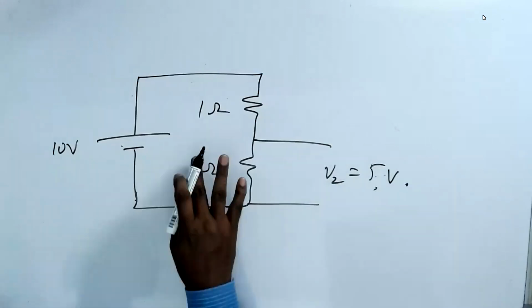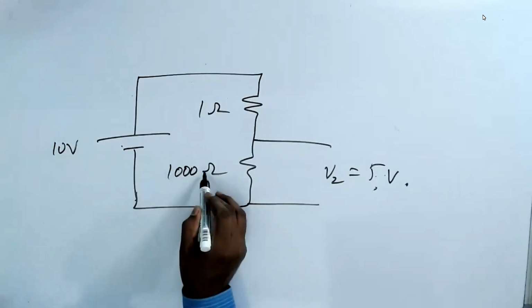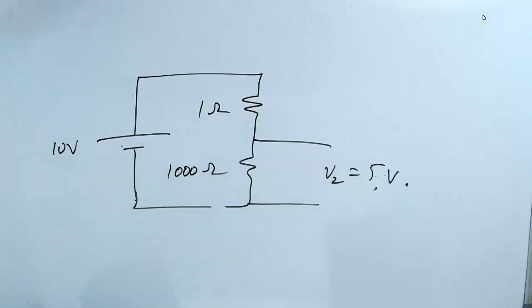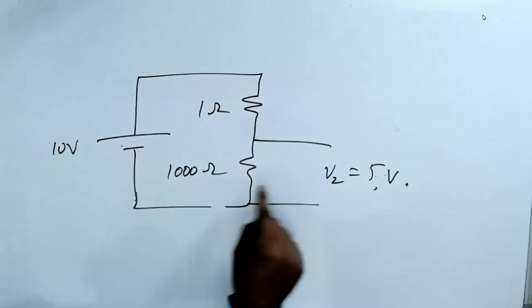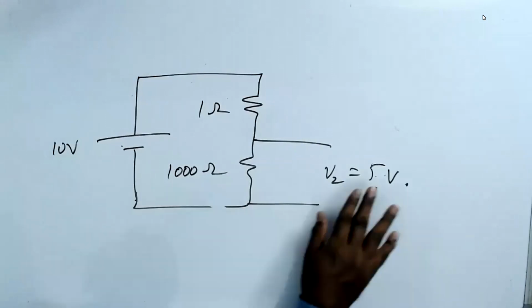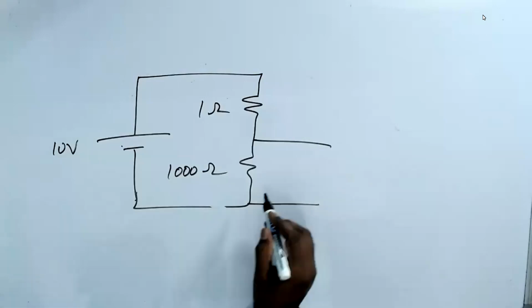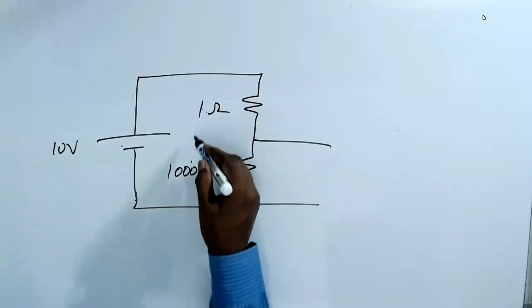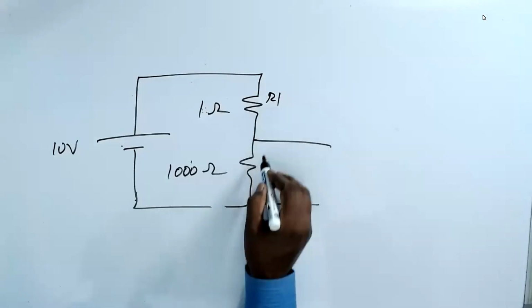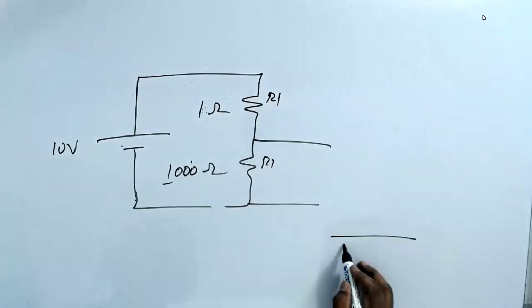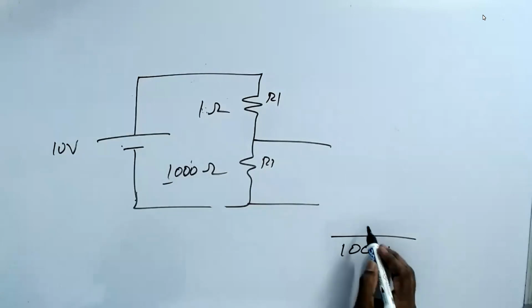Now, I make this guy 1000 ohm. What is the voltage here? First, what is R? R is equal to R1 plus R2, 1001 ohm, with 10 volt.